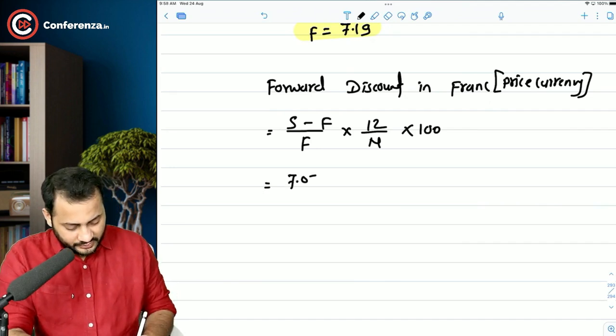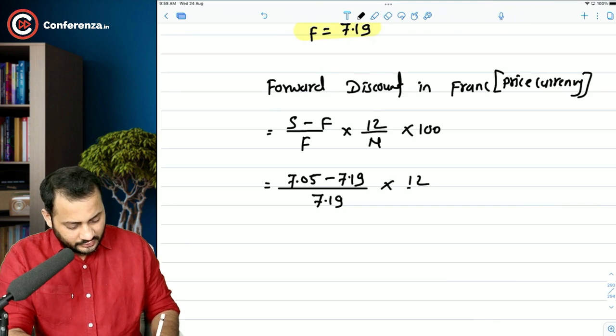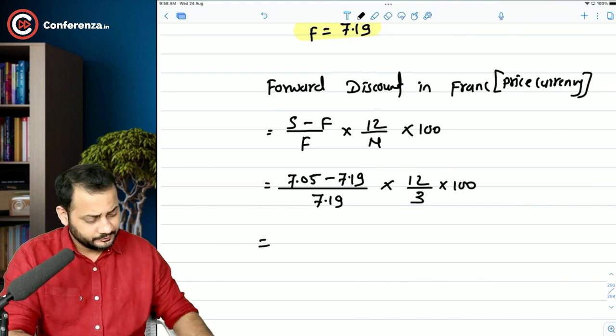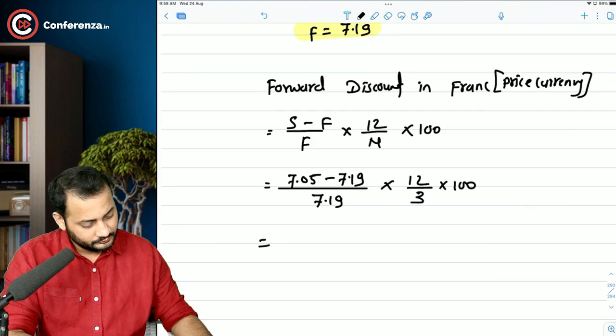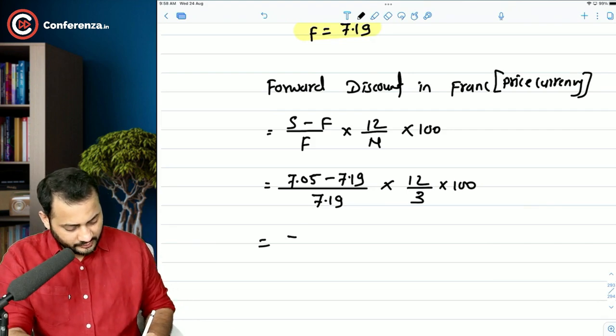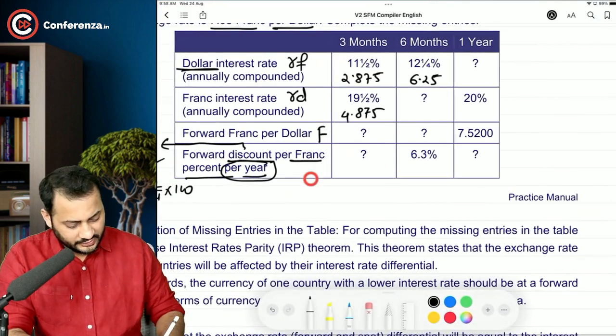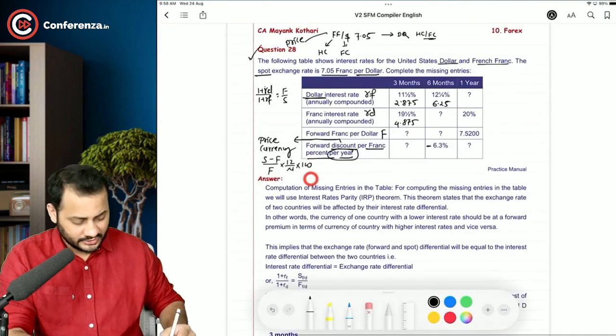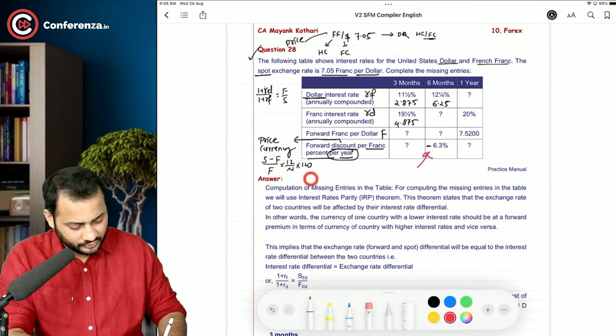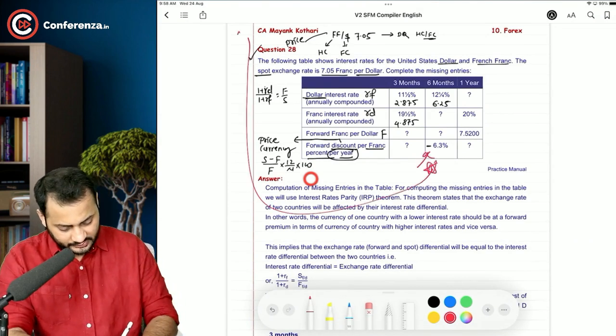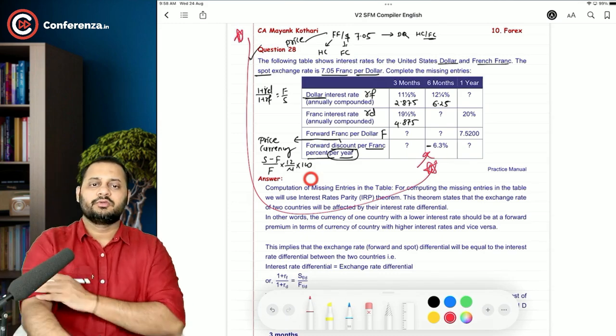Spot rate is 7.05, forward rate is 7.19, which you have just calculated. 12 divided by 3 months into 100. It's that easy. This is going to be minus 7.79%. It should be in minus. So one thing you have to change is keep it minus here, because I think there is a printing mistake. It has to be minus.